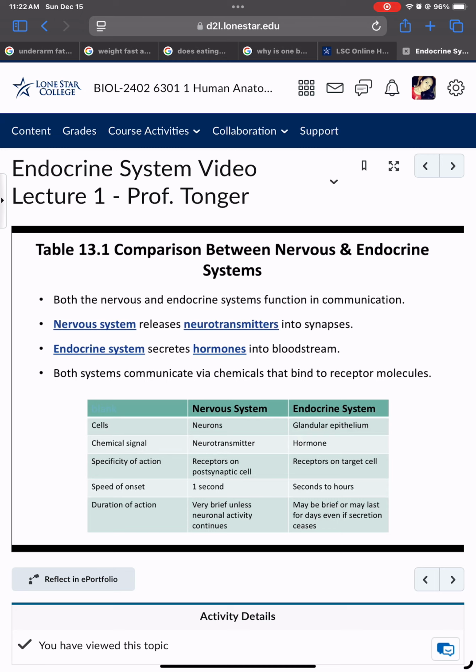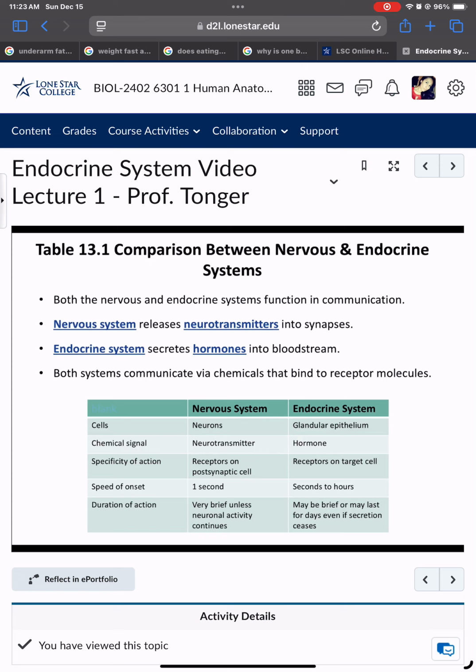The nervous system functions via action potential and also releases neurotransmitters that directly affect target cells. The effects are nearly immediate, but they are very short in duration. In contrast, as you can see here, the endocrine system works by secreting hormones into the bloodstream.